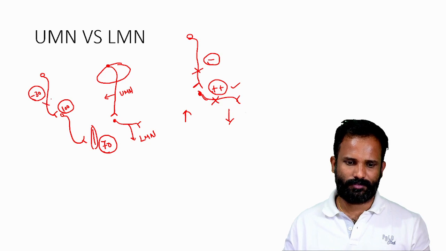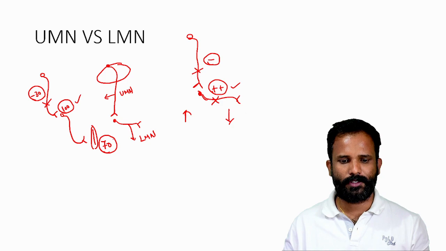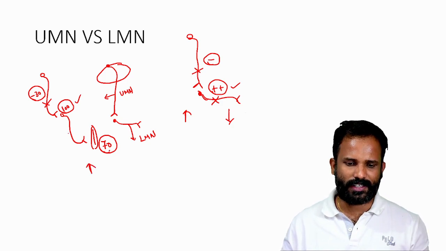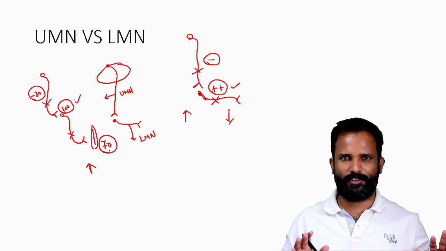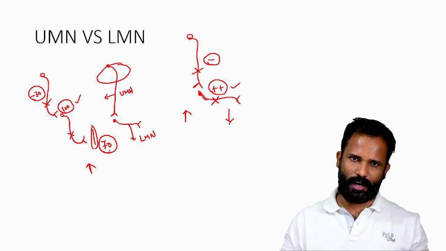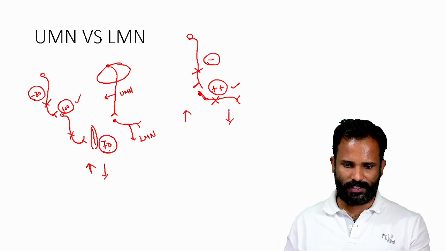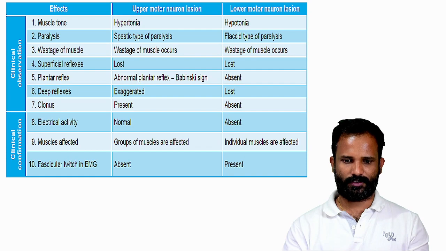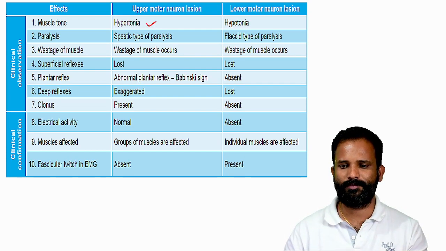Now we cut this. Now how much can the spinal cord give? 100 instead of 70. So the tone is increased. Let us cut this instead. Now the upper motor neuron is giving minus 30, but the spinal cord is unable to give the 100 to the muscle. So tone is decreased. So in upper motor neuron lesion, there will be hypertonia, and in lower motor neuron lesion, hypotonia.